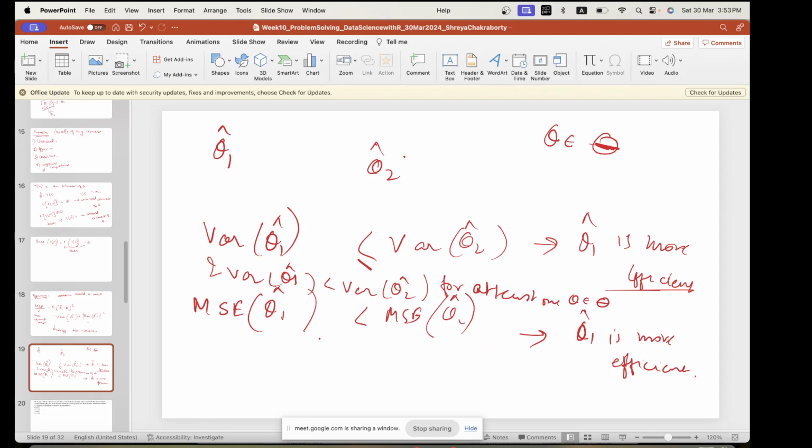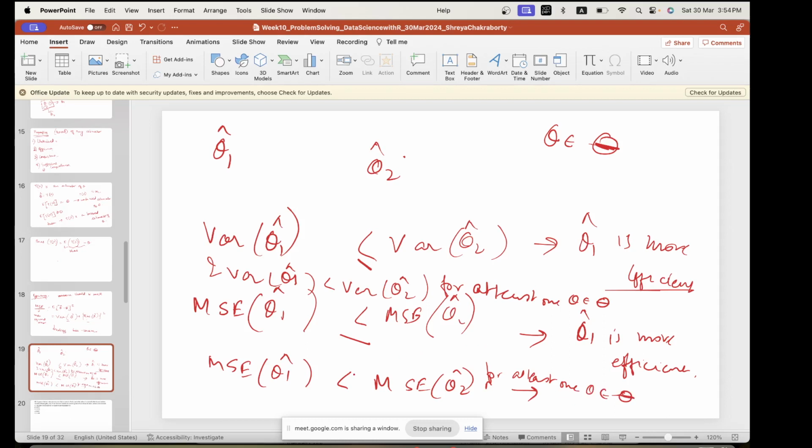Similarly, if the MSE of theta 1 hat is less than or equal to that of theta 2 hat, and strictly less for at least one theta belonging to this parameter space, then we say theta 1 is more efficient.